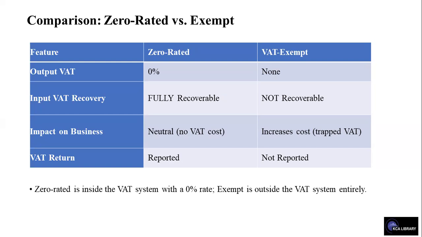For impact on business, zero-rated is neutral, no VAT cost, while VAT-exempt has an increased cost. And lastly, for VAT returns, zero-rated is reported, while VAT-exempt is not reported. Zero-rated is inside the VAT system with a zero rate. Exempt is outside the VAT system entirely.